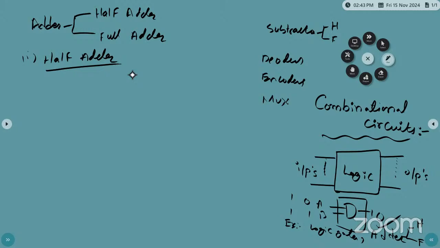In this combinational circuit, we take two inputs, A and B. In general, if you add two numbers, what results can be expected?